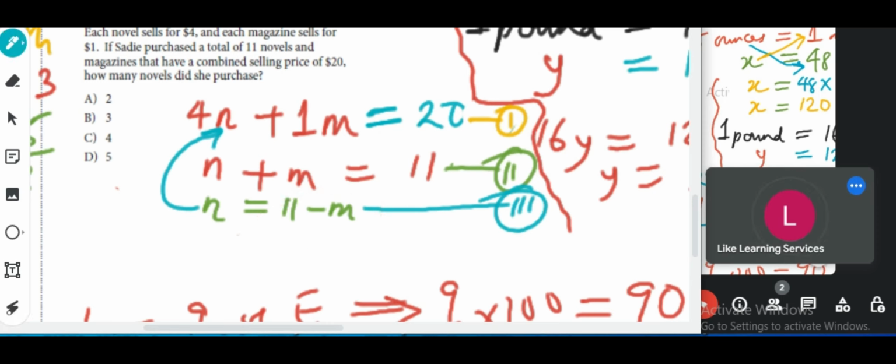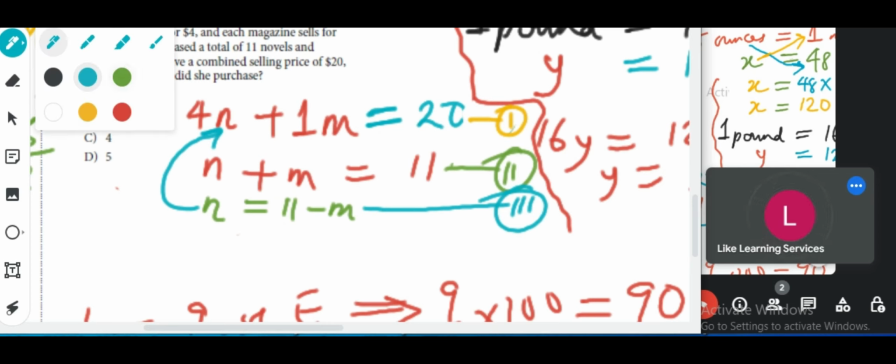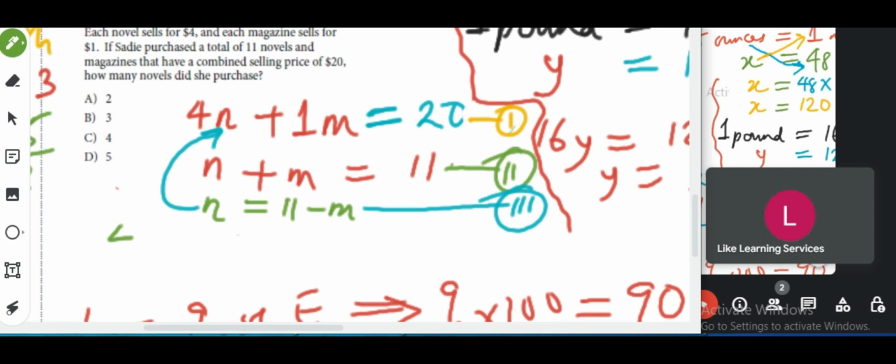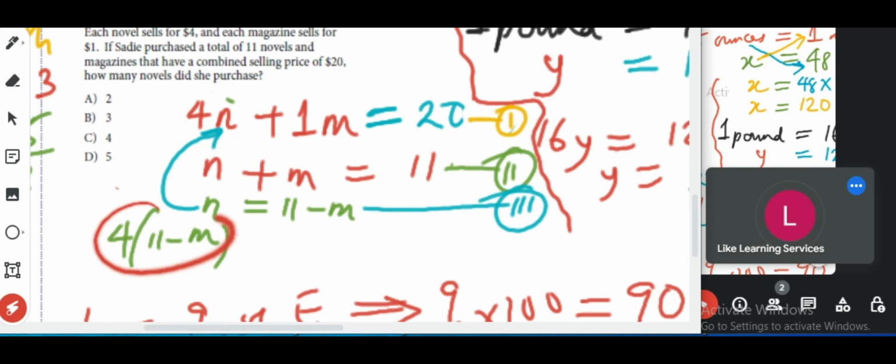Okay, so we start with 4. In place of n, I will open a bracket and write 11 minus m. Close the bracket. That is for 4n. This 4n now becomes 4 times (11 minus m), because n is what? n is equal to 11 minus m.